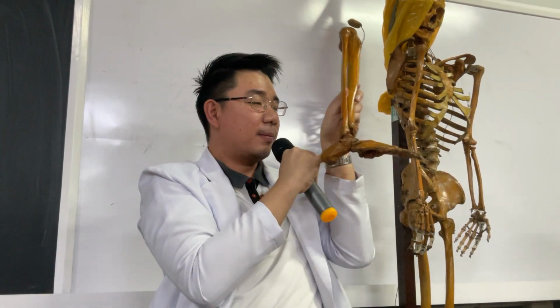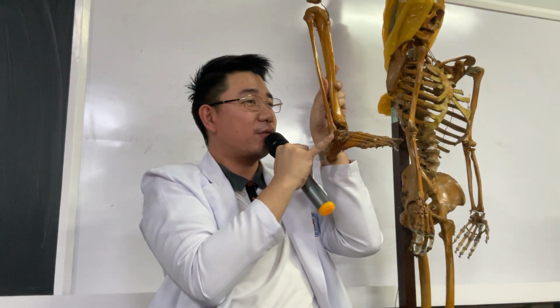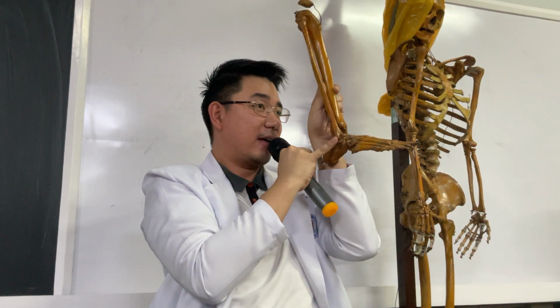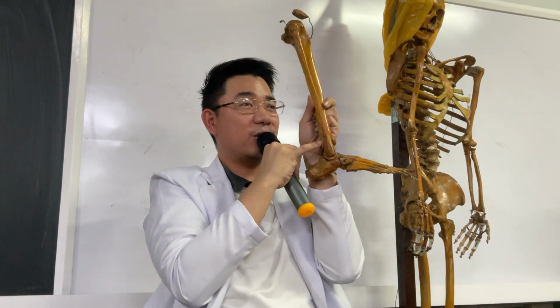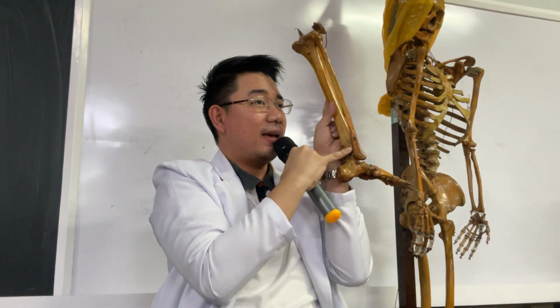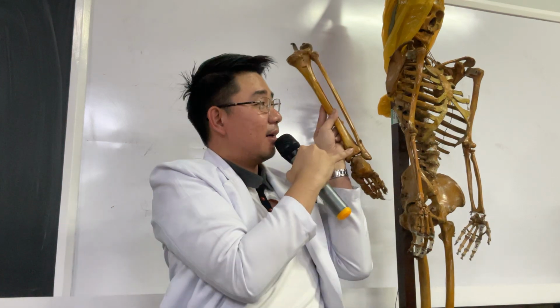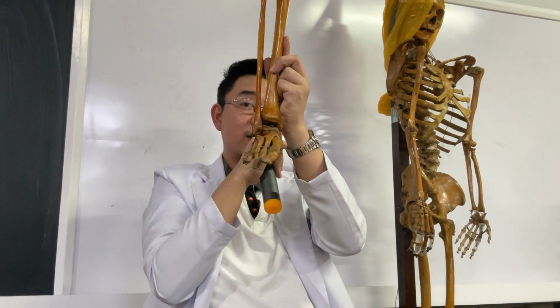Medial malleolus of the tibia, lateral malleolus of the fibula. And in between is the articular surface, for the fibula if it's in the tibia, and for the tibia if it's in the fibula. You get it so far?